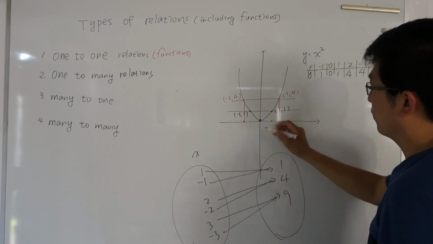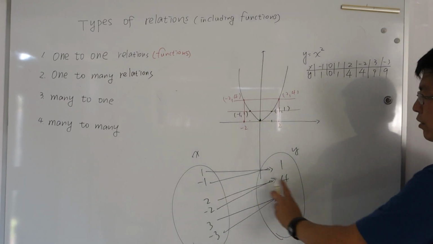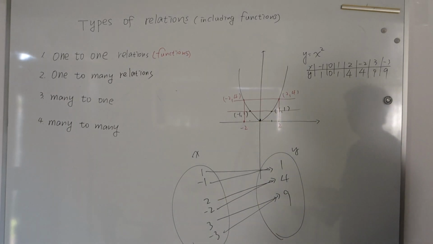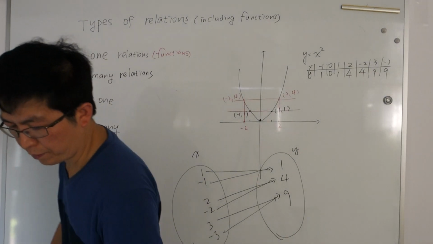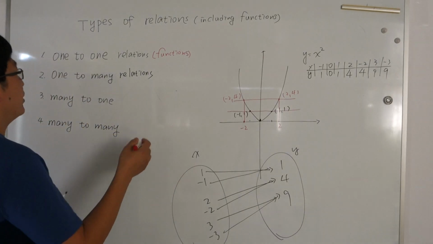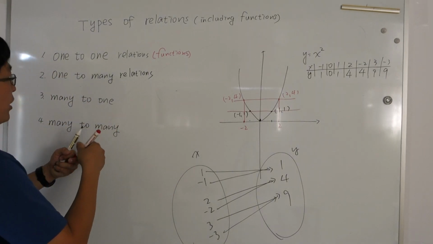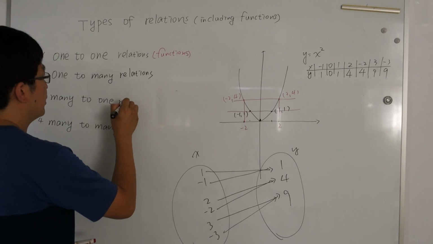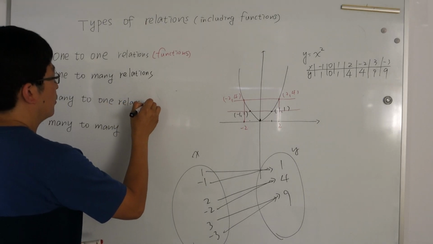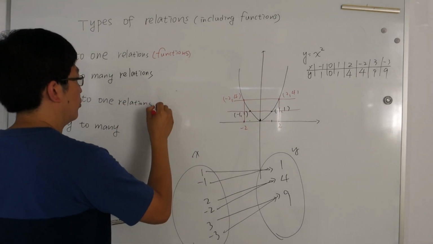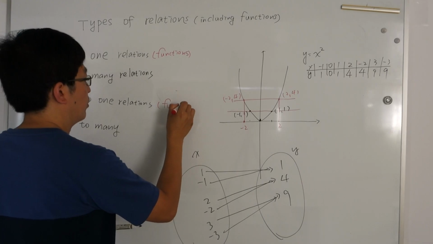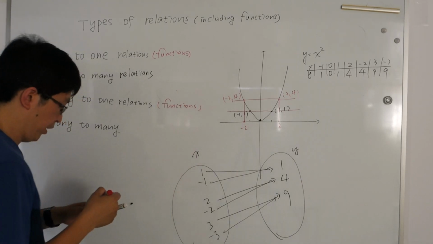So that's many to one. Different x values go to the same y value. Very special one. Is this a function? Yes. A many to one relation is a function too. Okay? Special.